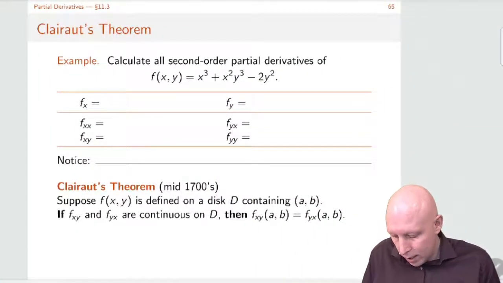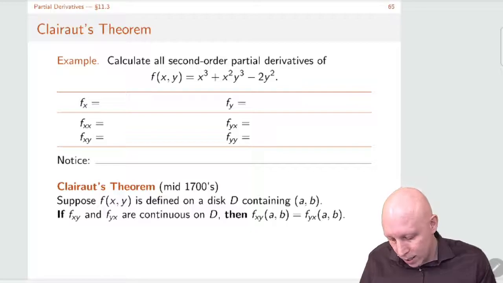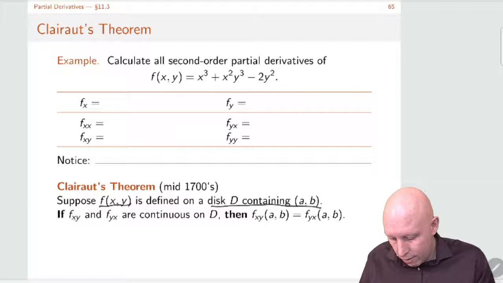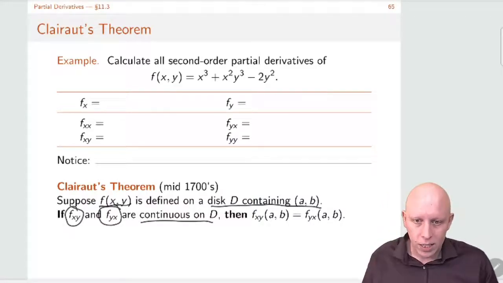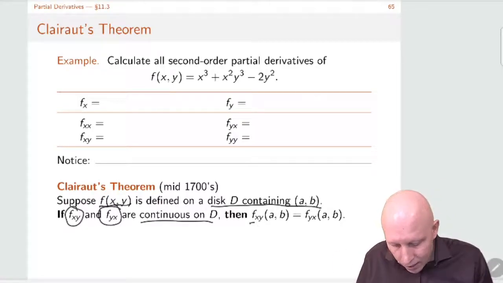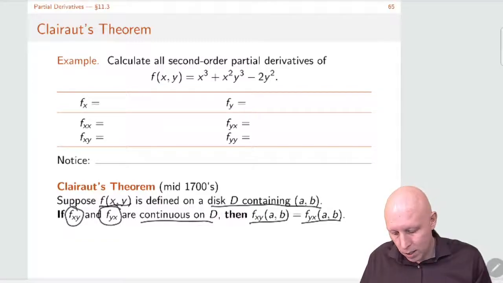In fact, Clairaut has a theorem from way back in the mid-1700s: suppose that you have a function defined on a disk D that contains a and b. If both f sub xy and f sub yx are continuous on D, so if both of these mixed partials are continuous, then f sub xy of a, b is the same as f sub yx of a, b.